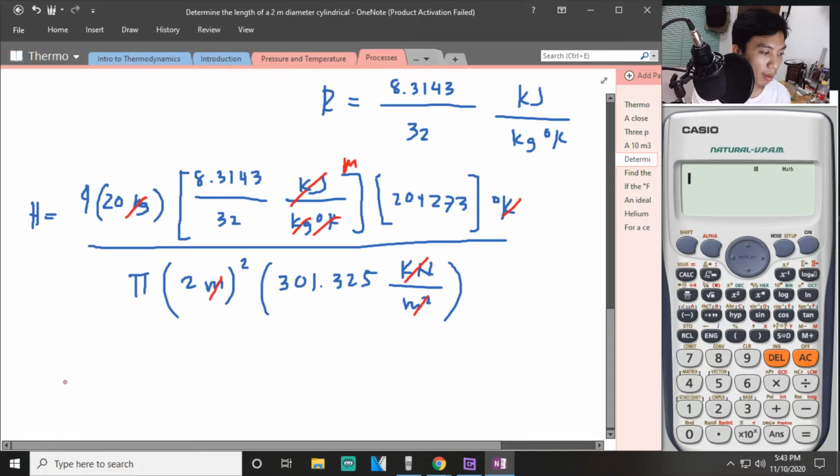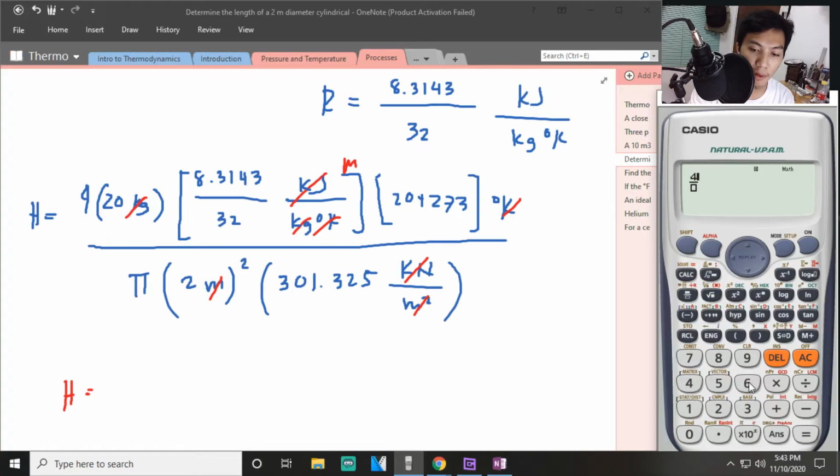Ang matitira is M. So, the height for your cylindrical vessel is 4 times 20 times 8.3143 divide by 32 times 20 plus 273 divide by pi times 2 squared times 301.325.